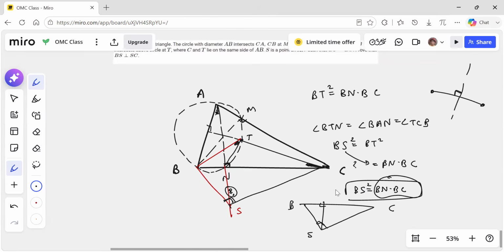Also, BS has been conveniently said to be equal to BT squared. So my problem reduces to showing that BT squared is equal to BN times BC. If we can show this, we would be done. This is what I meant by backtracking: assume this thing is true, and then make slightly easier claims that you can try to prove.